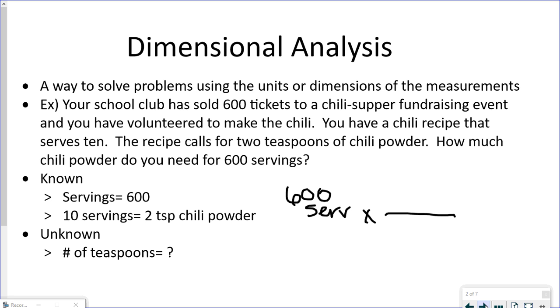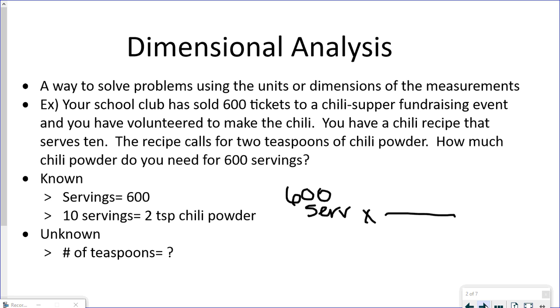In our answer, we don't need to know number of servings because we're looking for the amount of chili powder. So servings, think of in math. If you're trying to get rid of the fraction 1/4, you would multiply by the reciprocal. You would multiply by 4 because with the 4 on top and bottom of a fraction, they cancel.